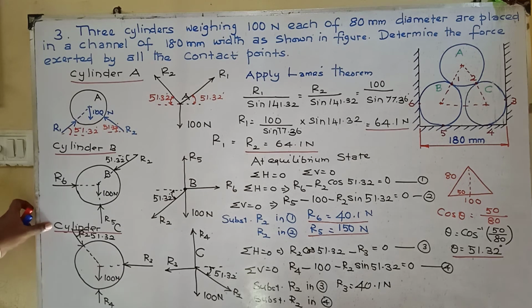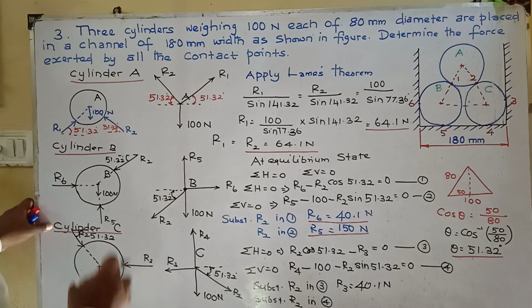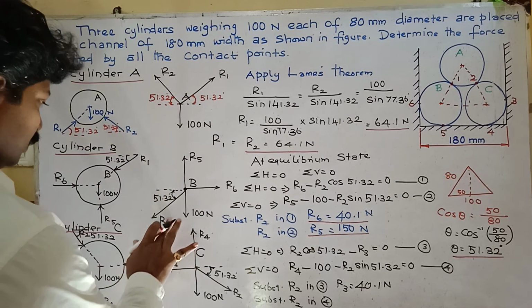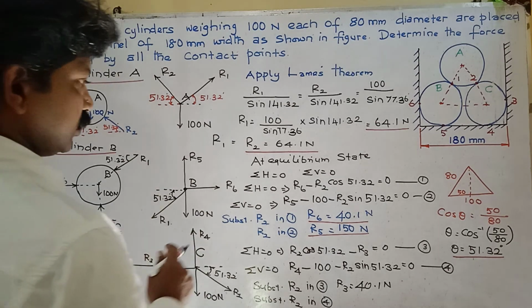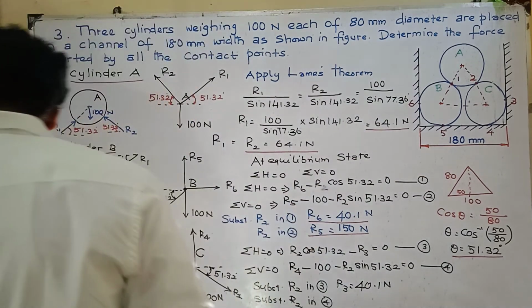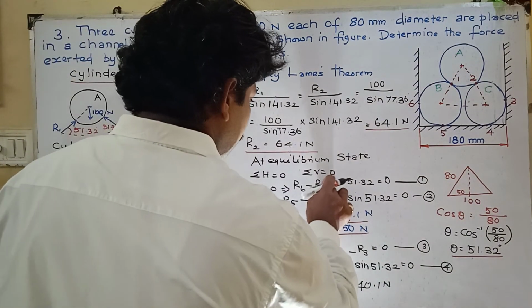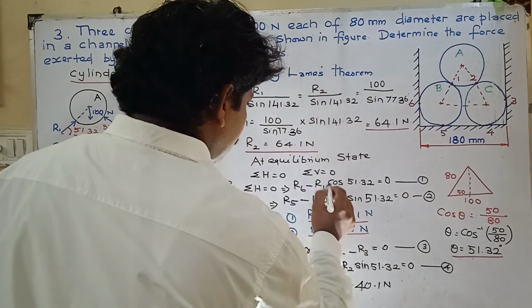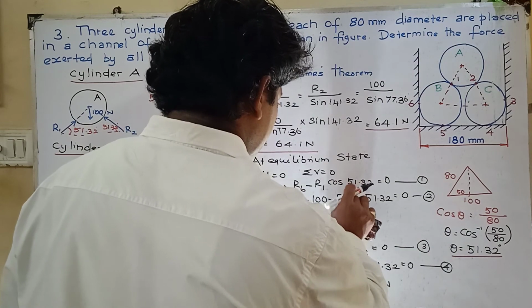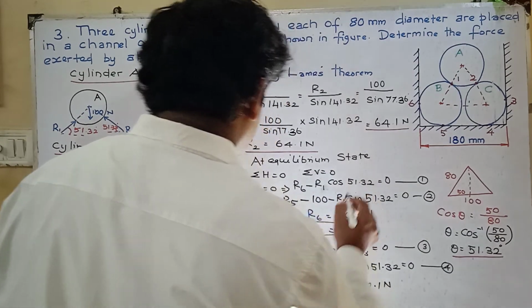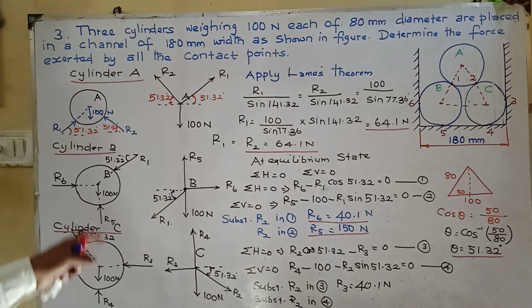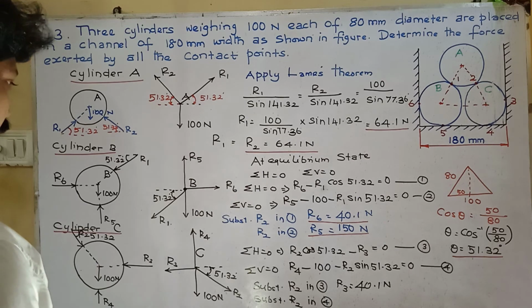Okay, for cylinder B, this is R1, not R2. It's also R1. Sigma V equal to 0. R1 sin 52.